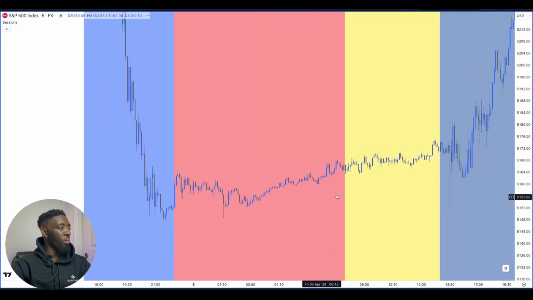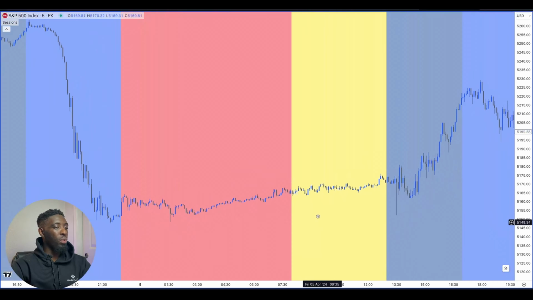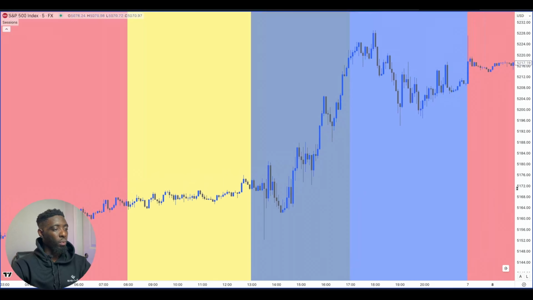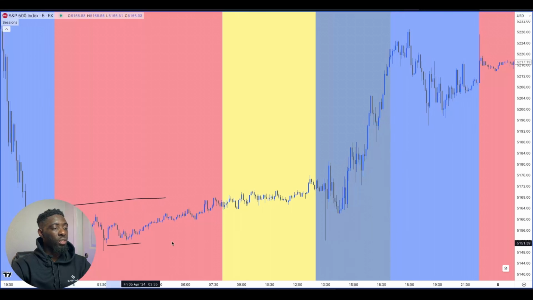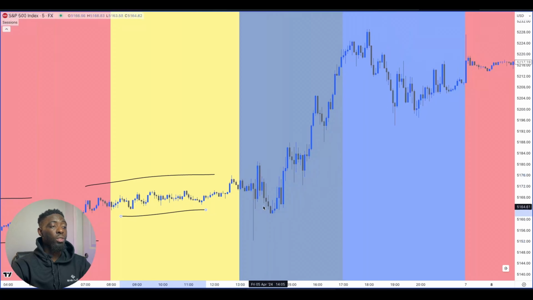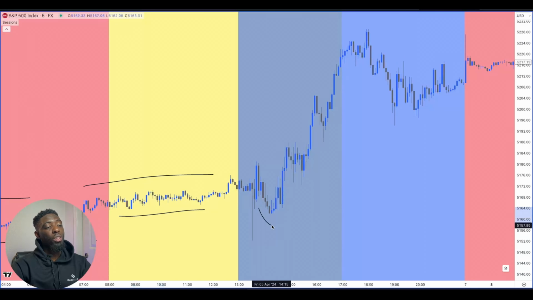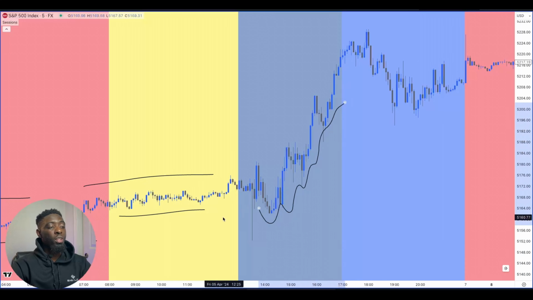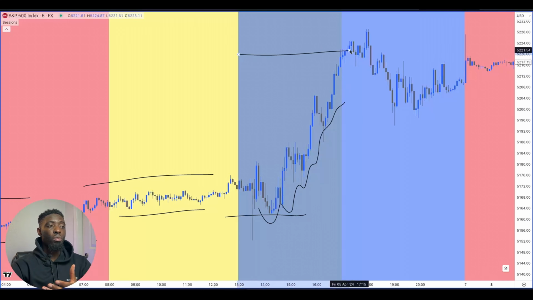Okay, so we have two here, so I'm going to start with this one. You had this period of consolidation during the Asian session, early hours of the London session consolidation as well, and then you have this movement coming in during the London New York overlap. And again, this is the period you really want to focus on. So what day is this?